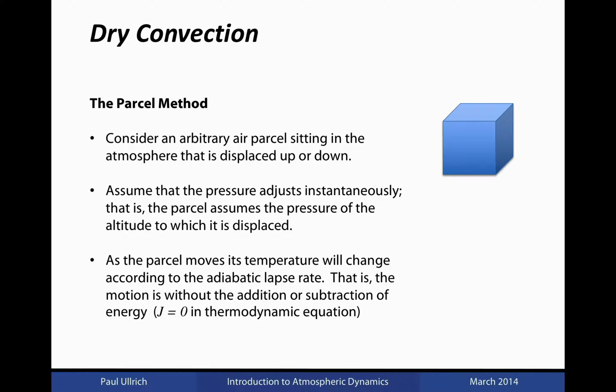That is, we're going to consider an arbitrary air parcel sitting in the atmosphere that is displaced up or down. We will then assume that the pressure adjusts instantaneously on the bounds of the fluid parcel. That is, we assume that the volume of the fluid parcel responds instantaneously to the pressure experienced on the outside of the fluid parcel. As the parcel moves, its temperature will change according to the adiabatic lapse rate.